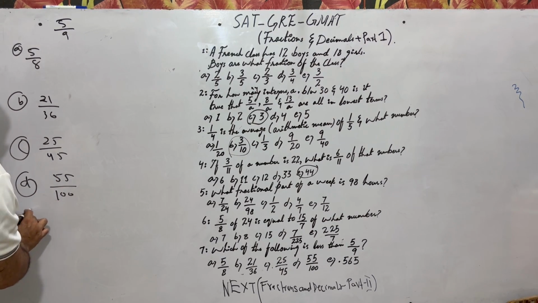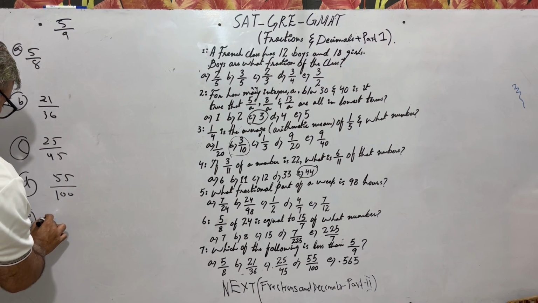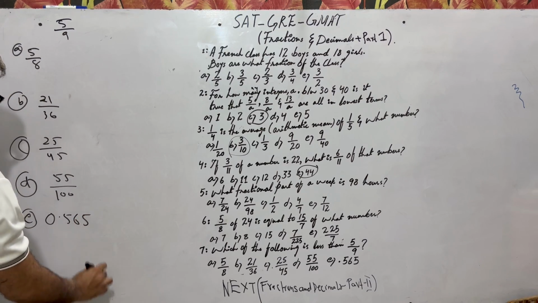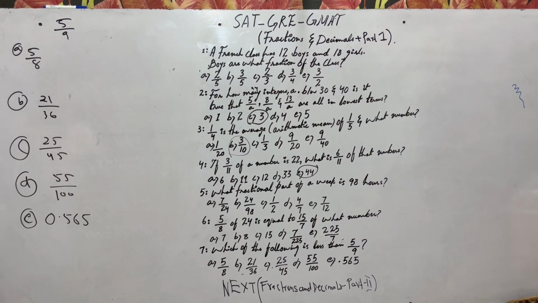And the E option is in decimal, 0.565. Now they are all proper fractions up to D, because the numerator is less than the denominator.